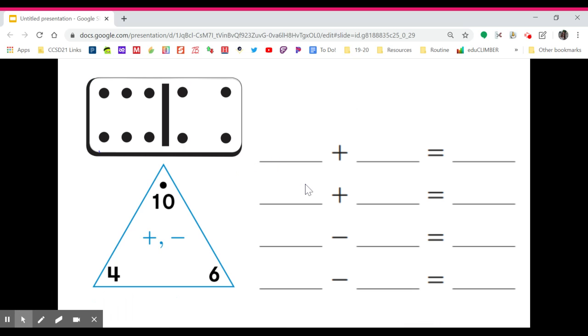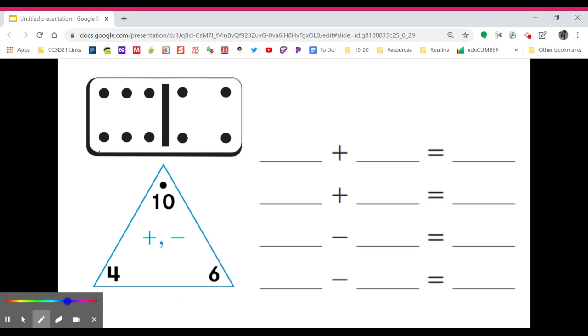So let's think about the 4 number models or number sentences that we can write for this domino and also for this fact triangle. If you recall from yesterday, we discussed that there were 2 addition facts and 2 subtraction facts that we could write for each fact family.